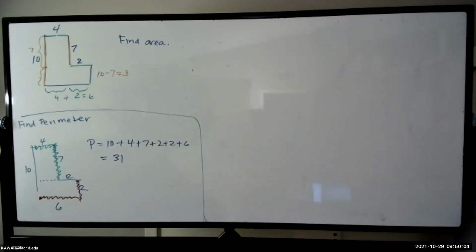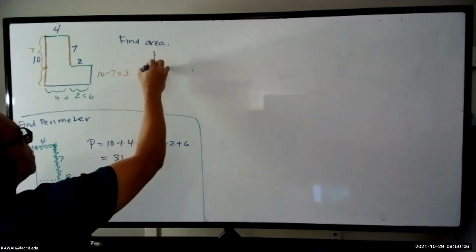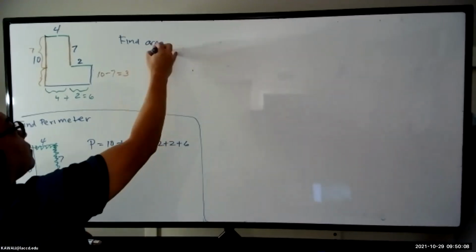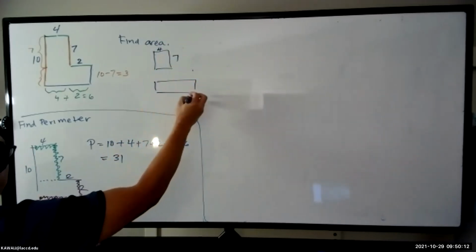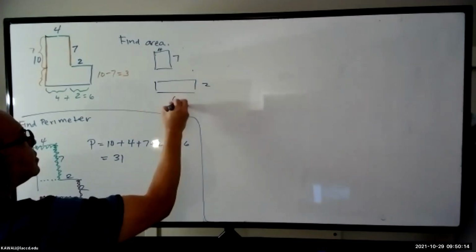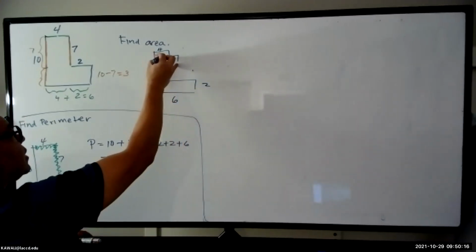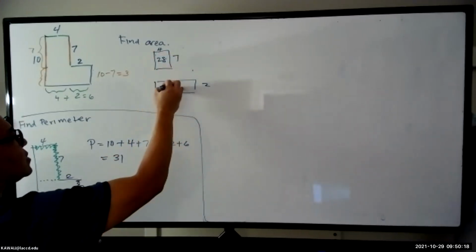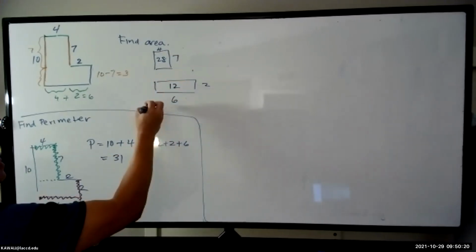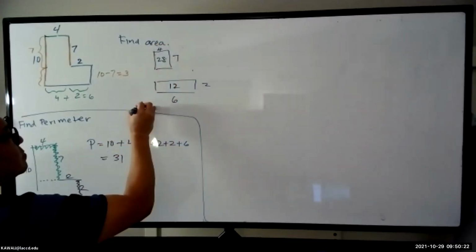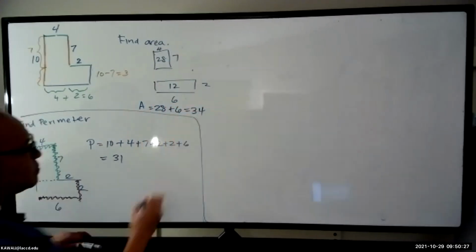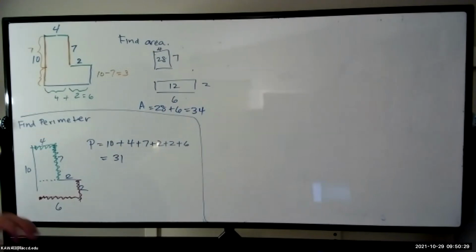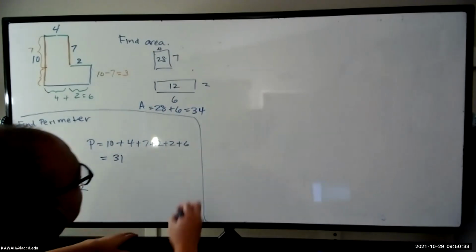Okay. So when I cut this, this turns into 4, 7, and then over here, 2 and 6. So the area of this one is 28, and the area of this one is 12. We just multiply them. So we see the area is equal to 28 plus 12 is equal to 40. Okay.